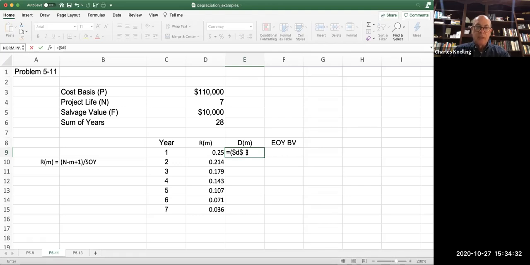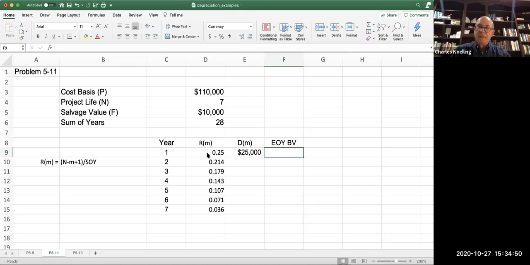$D$3 is P minus F, which is $D$5. And then we'll take that times the appropriate depreciation rate, and that will give us our depreciation in that year. As expected, since we're depreciating a total of $100,000 and we're depreciating 1/4 of it in year one, that's $25,000.